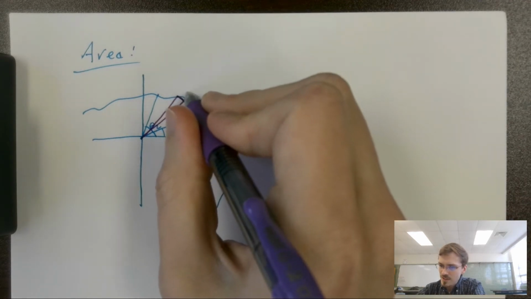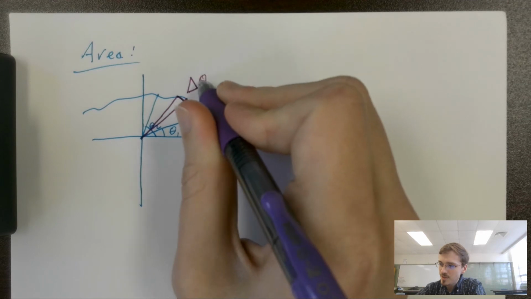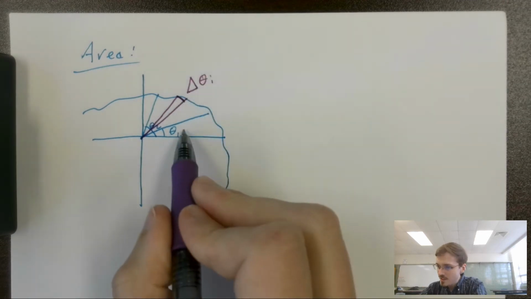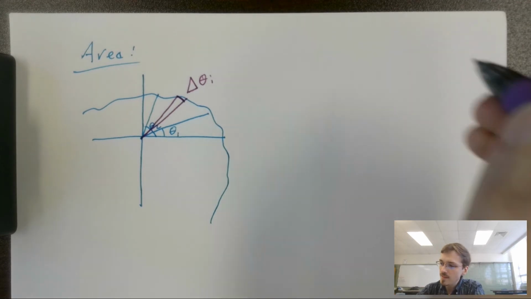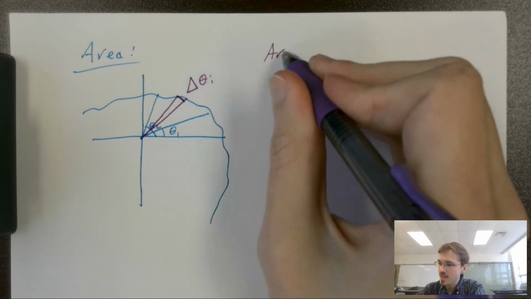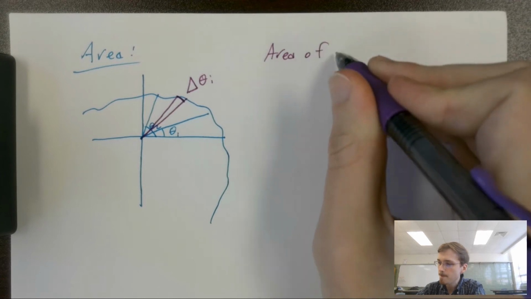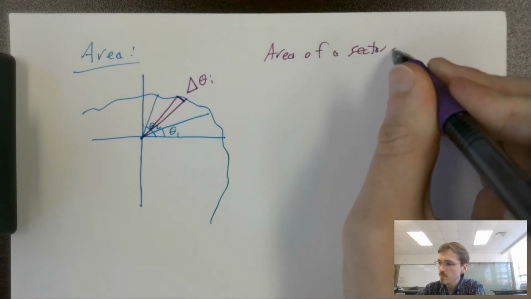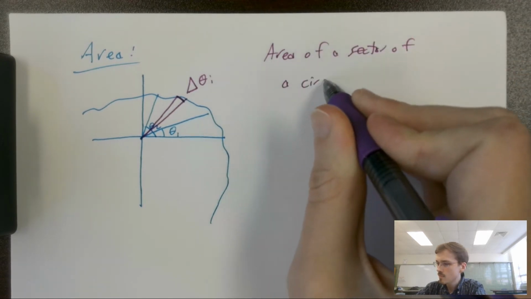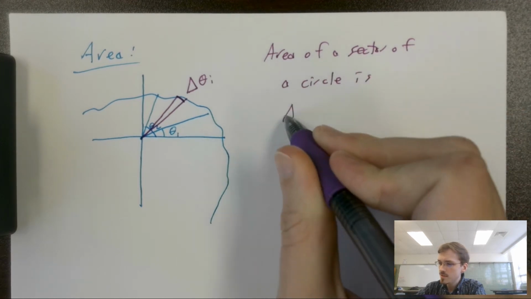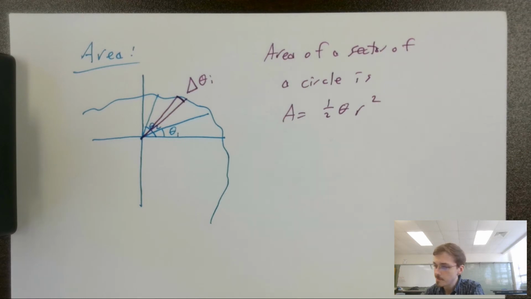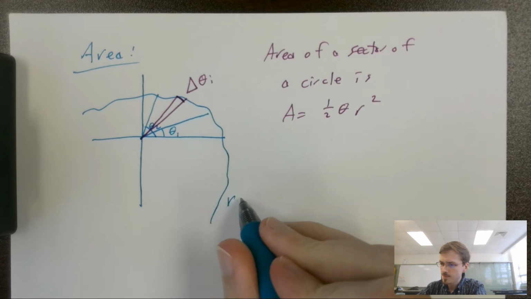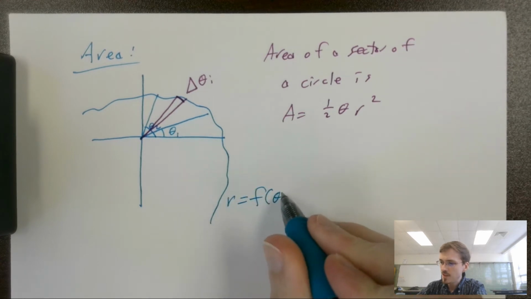The angle of this sector of our circle is maybe delta theta sub i, where we've partitioned the interval from theta 1 to theta 2. And let's recall now that the area of a sector of a circle is 1/2 times theta r squared. Yeah? Well, what's r in this case? r is equal to f of theta, right?